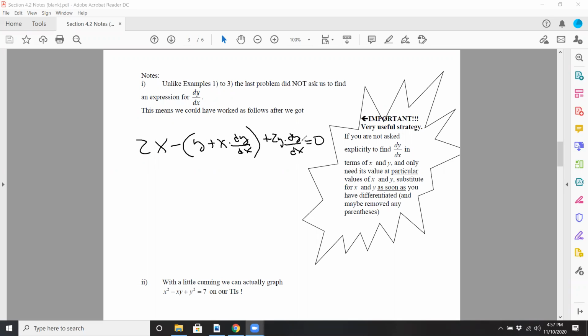Since they didn't really ask us for an expression, we just needed the slope, which is of course the value of dy over dx.